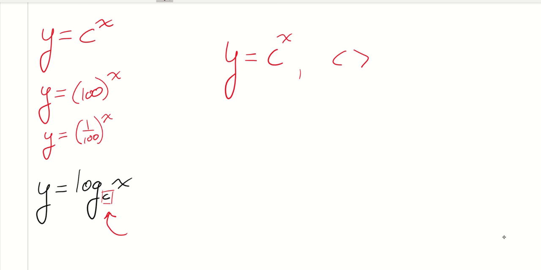We say c has to be positive, right? That's why we have this restriction. We want an exponential function that has a nice exponential curve. If we try an exponential function with a negative c value, we get something that is not exponential.